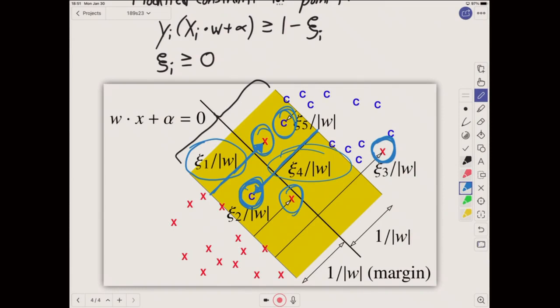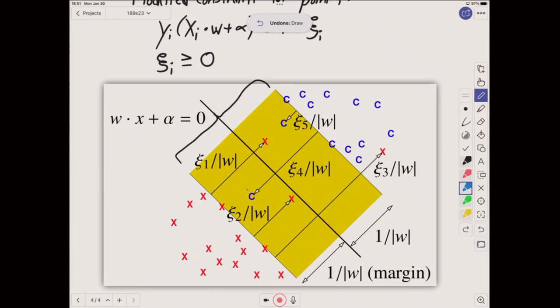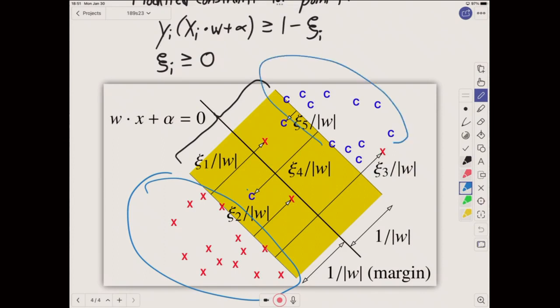How far does it enter into that gold slab, maybe even come to the other side? For most of the points, they're not going to violate the margin, and so these points will have xi equal to 0, and so will these points.